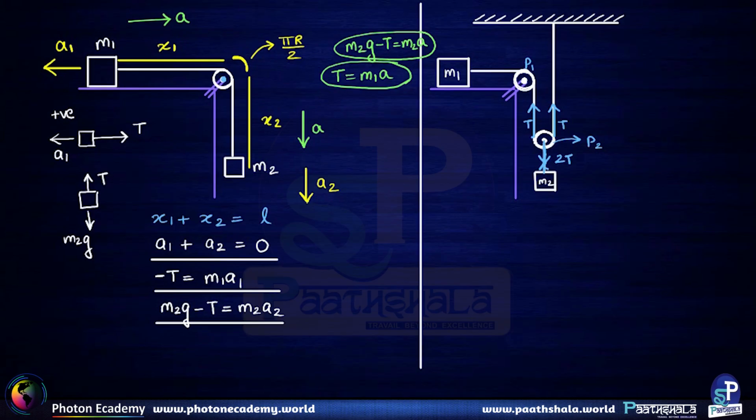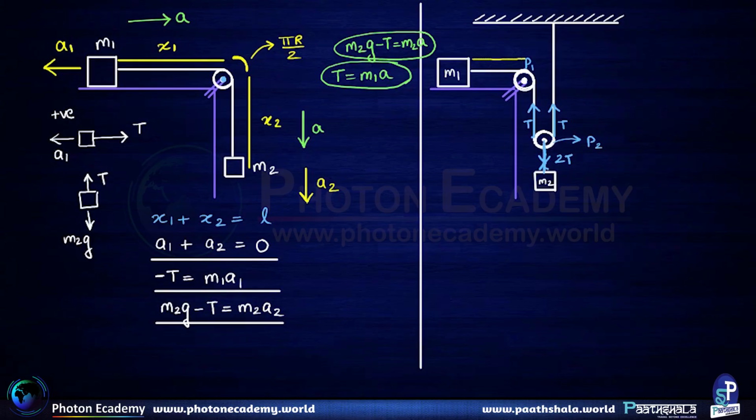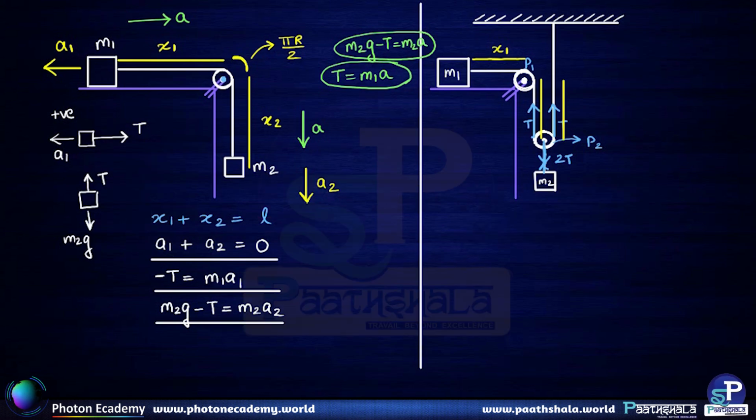So if we do the analysis of this particular system, then we can write down that this distance happens to be equal to x1. So this particular distance happens to be equal to x2, and then this distance also happens to be equal to x2.